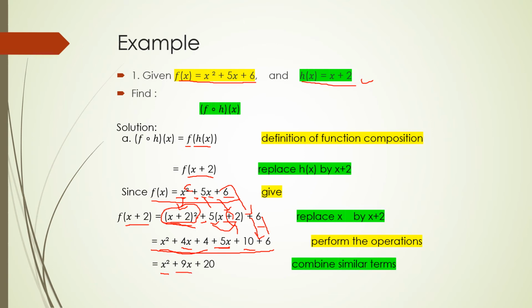We use plus here because the sum is positive. Then we combine the constant terms: 4 plus 10 plus 6. 4 plus 10 is 14, plus 6 is 20. So that is the answer in the composition of functions f and h. Do you have any question on this?